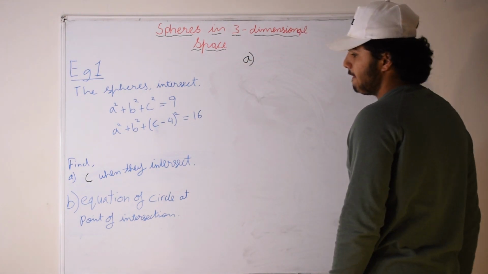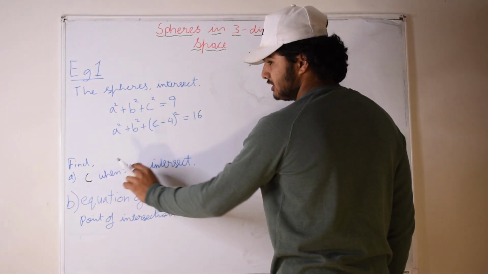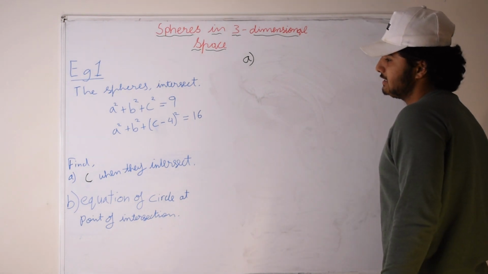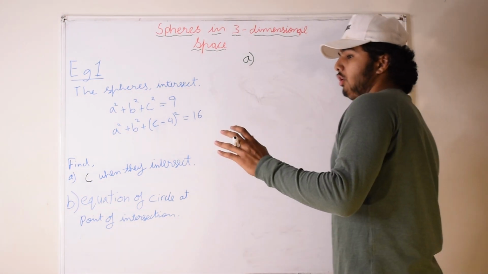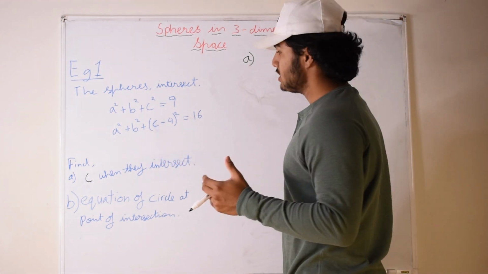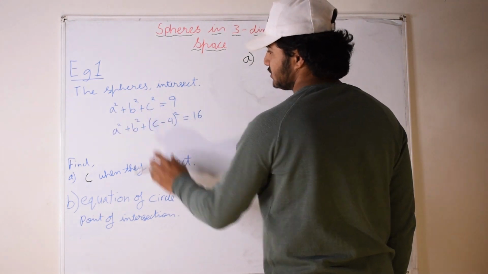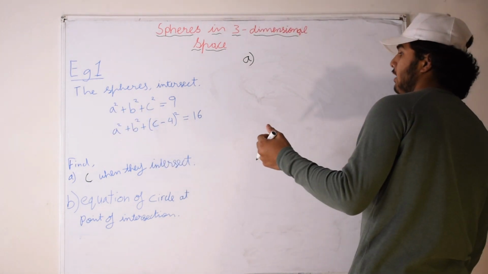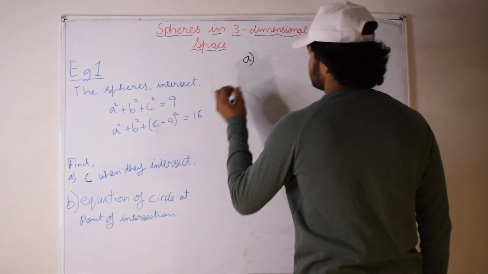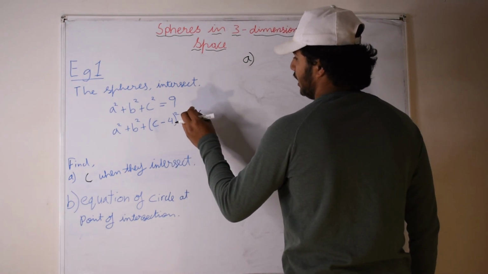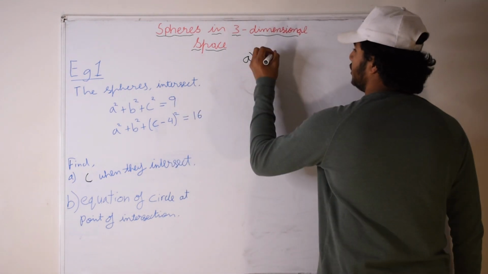A. In order to find the value of C, we can use substitution by elimination, where we're going to eliminate a squared and b squared. In order to do that, we'll subtract this by this. So let's rewrite this.